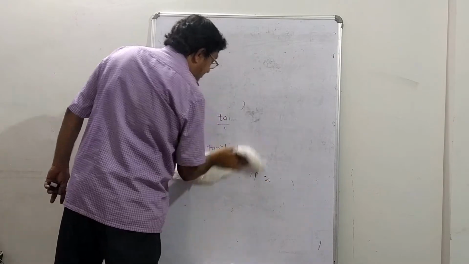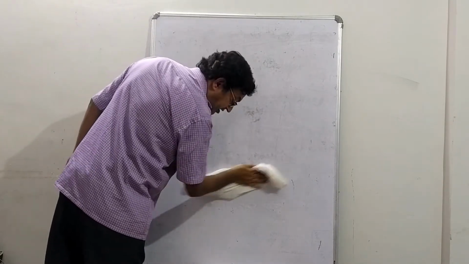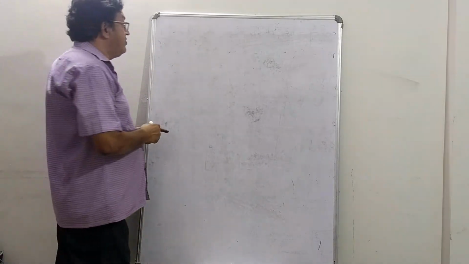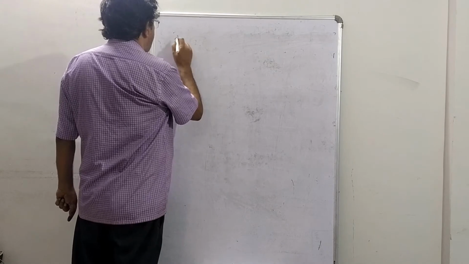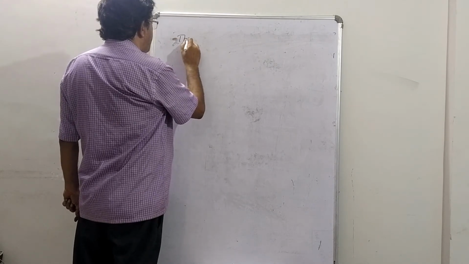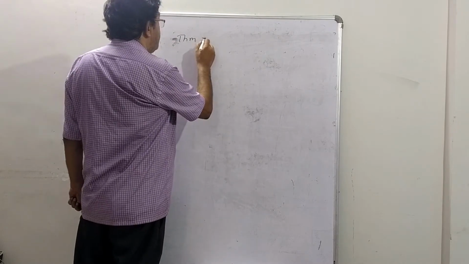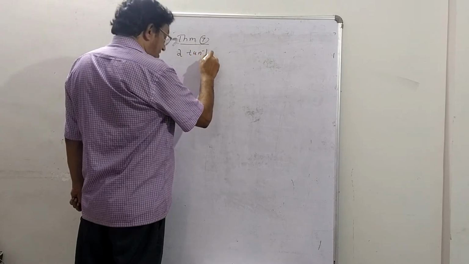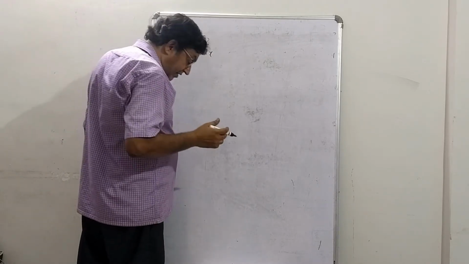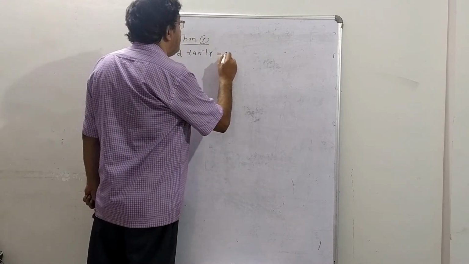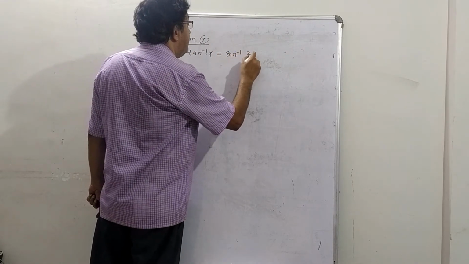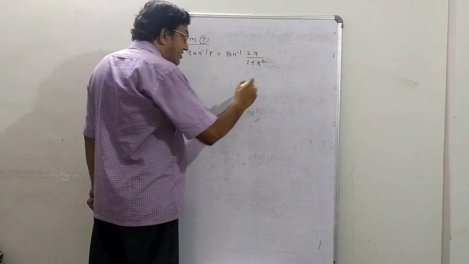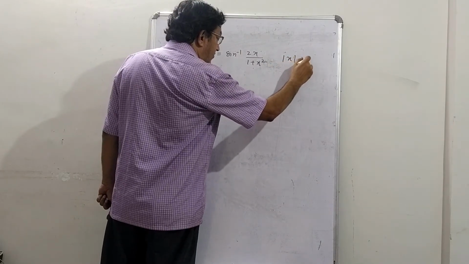Again there will be three parts. First one is 2 tan inverse of x. Let's call it theorem number 7. 2 tan inverse of x is equal to sine inverse of 2x divided by (1 plus x square), for mod of x less than or equal to 1.